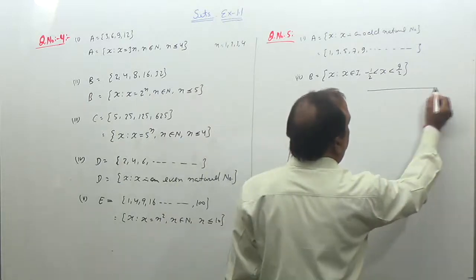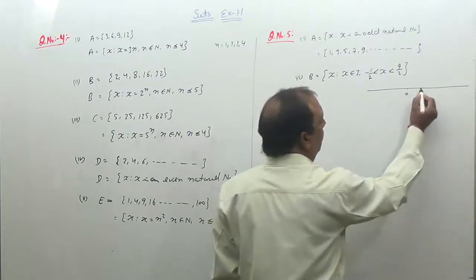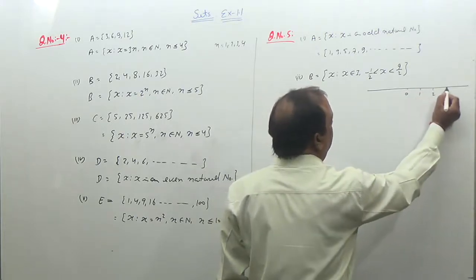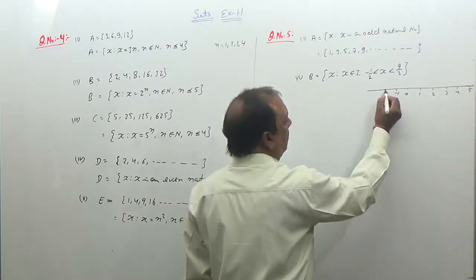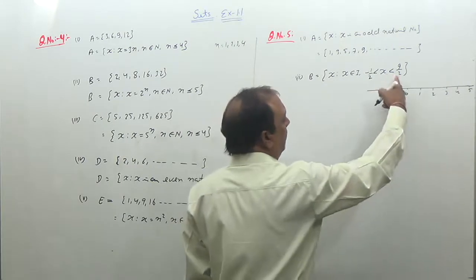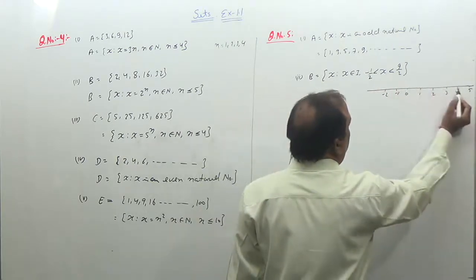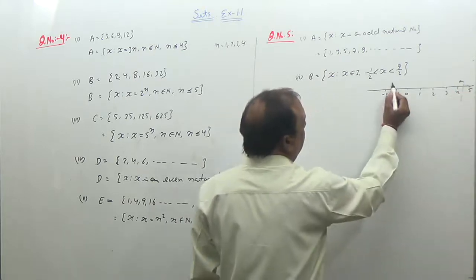So let us suppose there is a number line: 0, 1 integer, 2 integer, 3 integer, 4 integer and 5 integer, and minus 1 and minus 2. We want to take all integers less than 9 by 2, that is 4.5, and greater than minus 1 by 2.